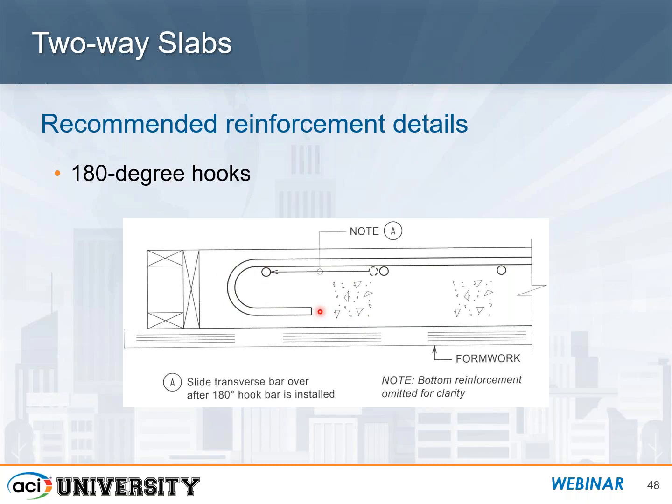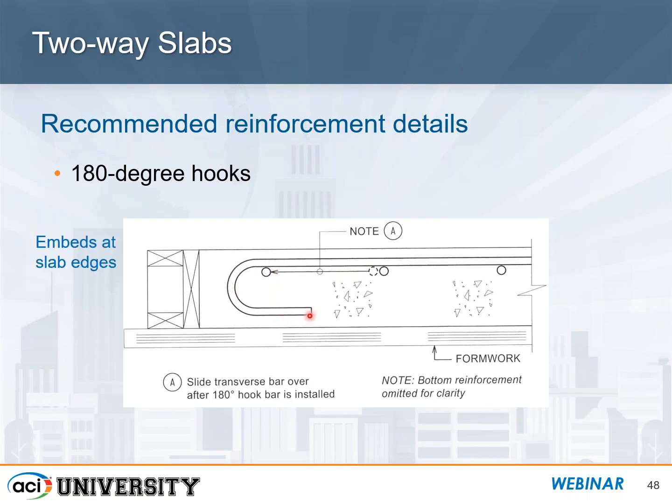So it's not the most convenient thing to do, and we don't recommend using a 180-degree hook if at all possible, but sometimes you have to, and this is the way you would have to do it. Basically put a note on the drawing showing where the bar needs to be initially and then where it should be after this 180-degree hook gets installed.